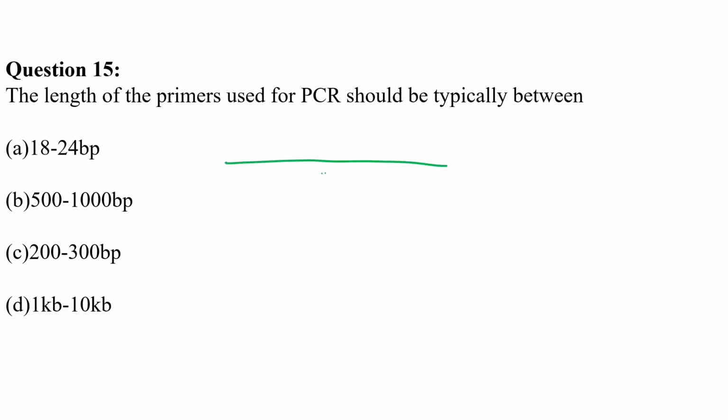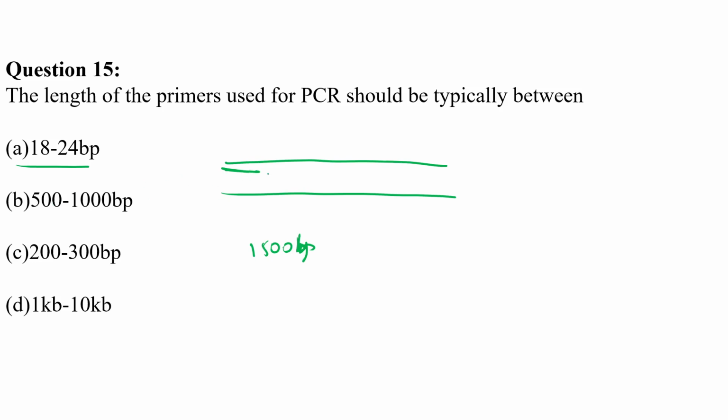So if we are interested in amplifying a DNA that is, let's say, 1500 base pairs long, then if we take a primer of length between 18 to 24, that would be optimum.